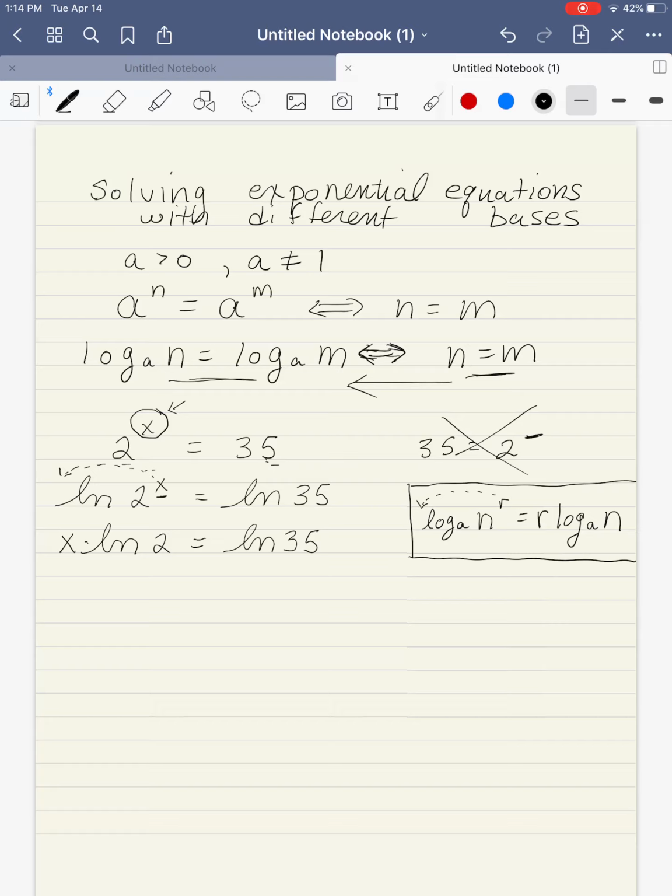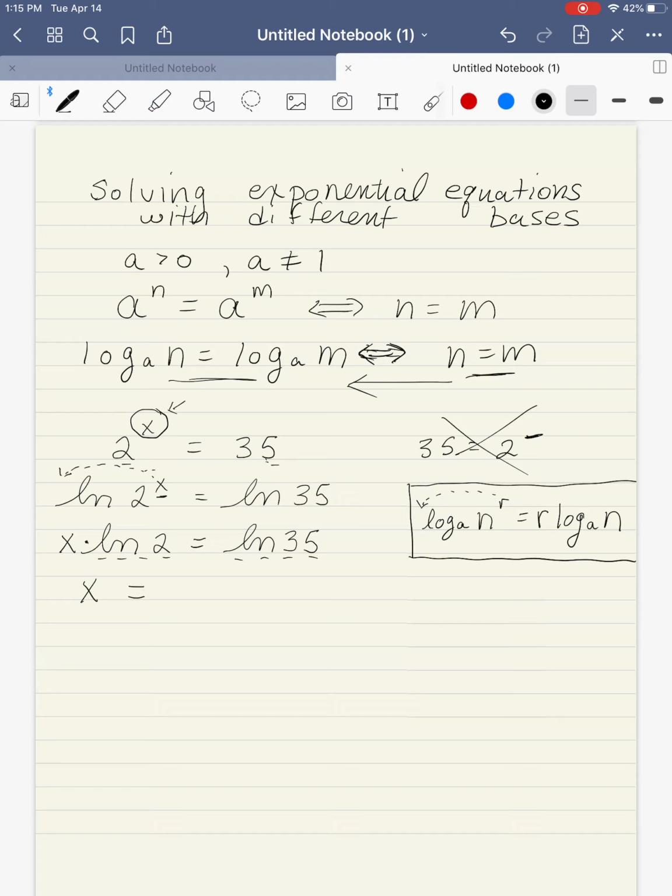The natural logarithm of 2 is a number. It really means e to what power equals 2. The natural logarithm of 35 is a number. e to what power equals 35. So this is just a number, and this is just a number.